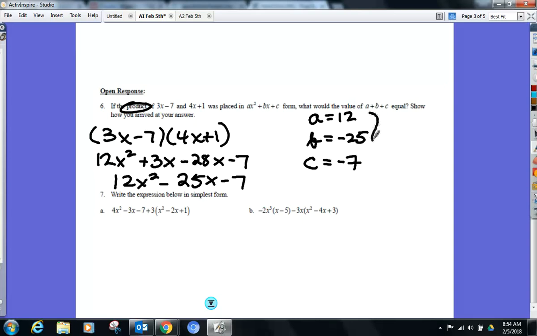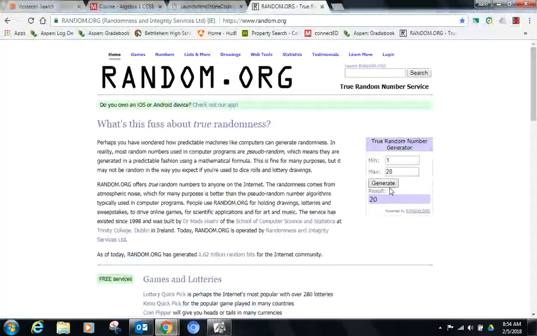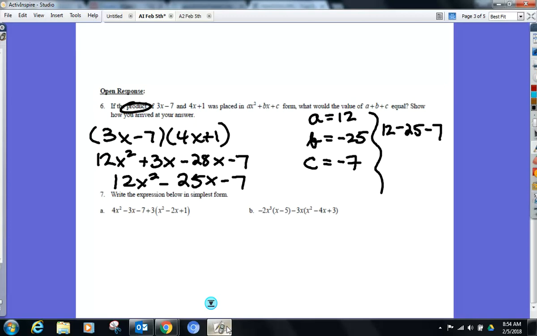Okay? Add them all up. 12, negative 25, negative 7. And when you add them all up, you do the negatives, which is negative 32 plus 12, we end up with negative 20.